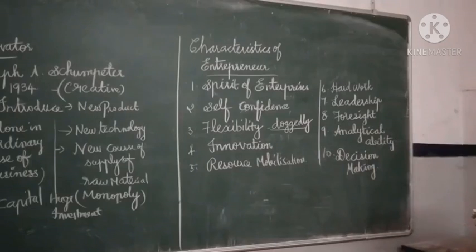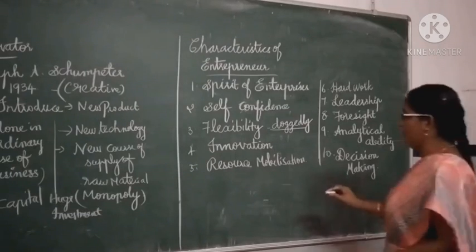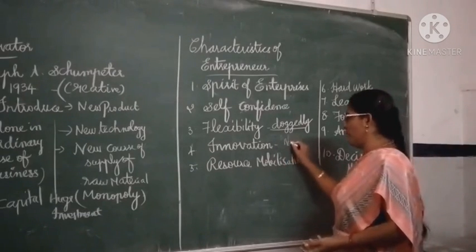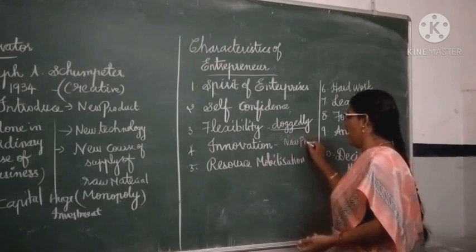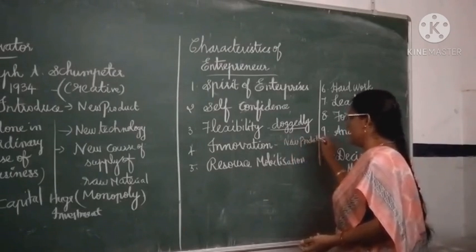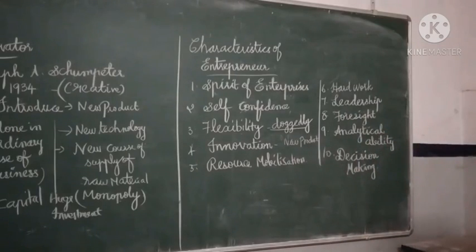Then innovation. Entrepreneurs should contribute something new or something unique to meet the changes. He must do something new, a new product or new innovative things in his business premises. He must bring a new method of production or distribution, and add new features to the existing product, uncovering a new territory for business.